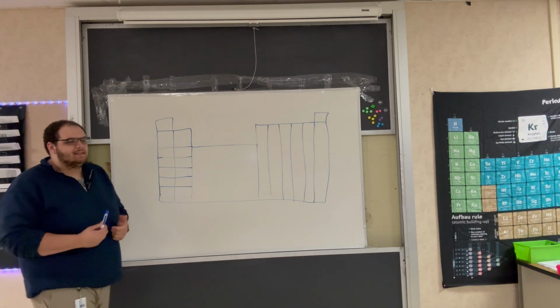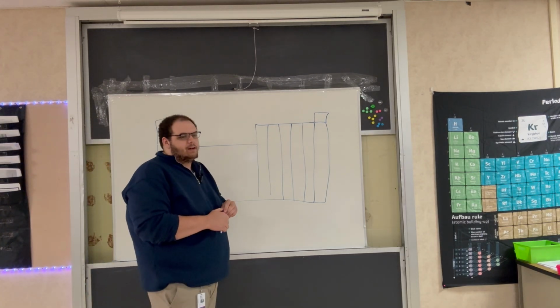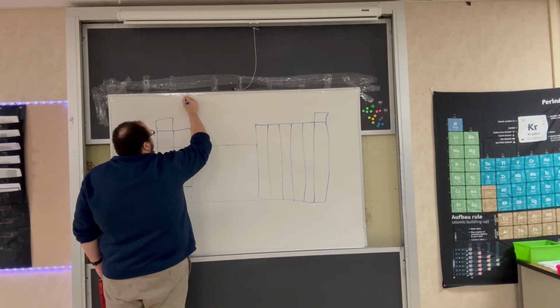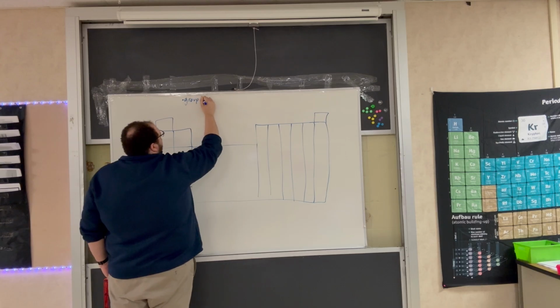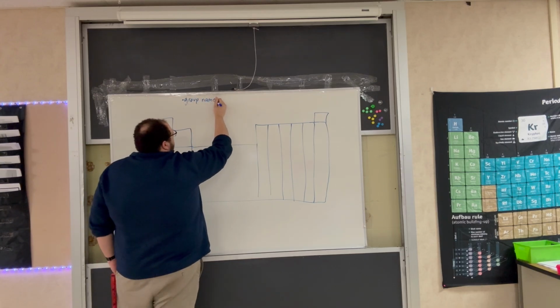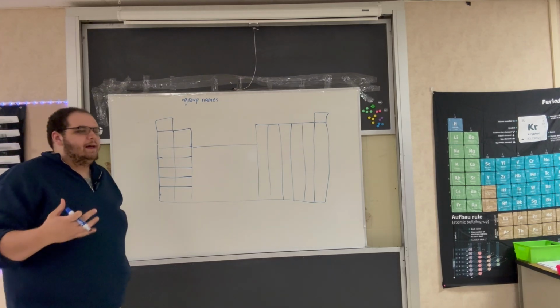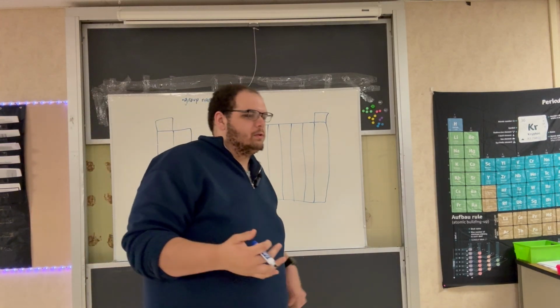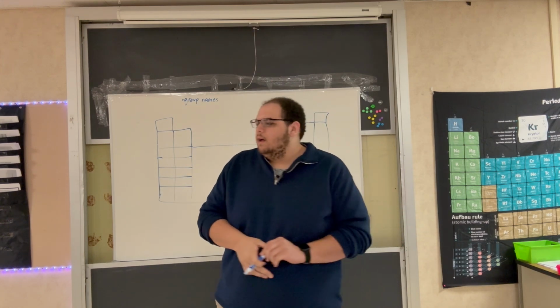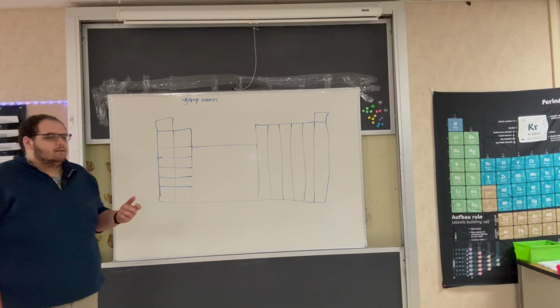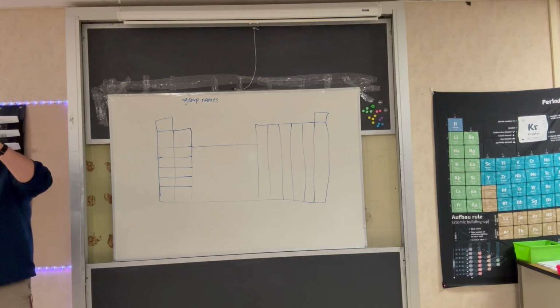So here are some trends that I need you to know. The first one that we're going to talk about is just group names. Groups are how we can determine what elements will act similarly to one another. Now, groups are also called families. Think about you looking at your mom and your dad.